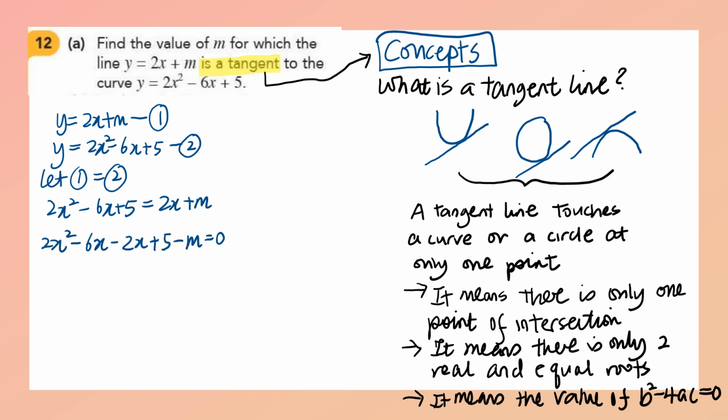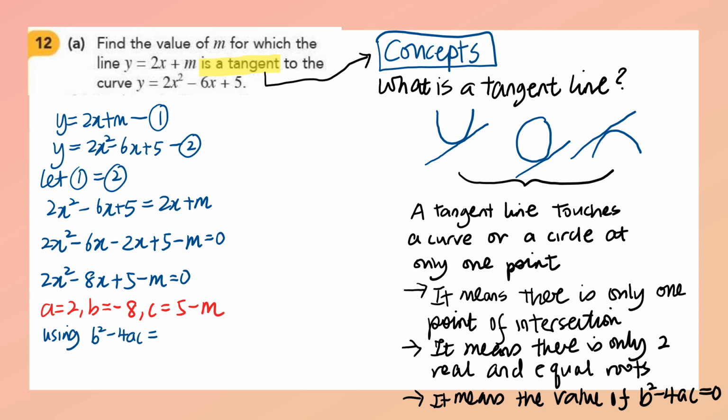Simplify it, bring everything to the left hand side. Alright, you will get a quadratic equation. Write down the values of a, b, and c, which I already advised you to do, because by writing them down you can minimize the chances of making mistakes. So next thing is to substitute into your b squared minus 4ac.